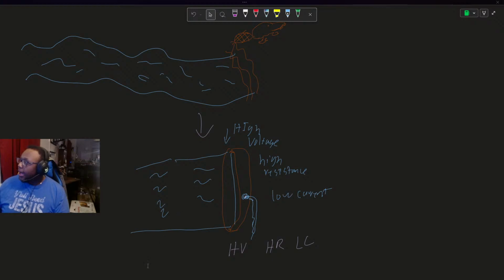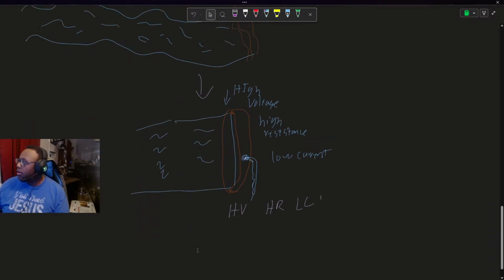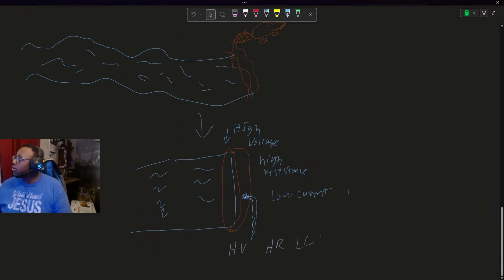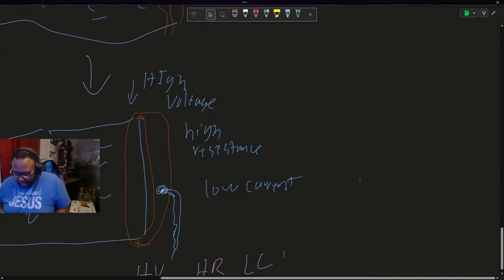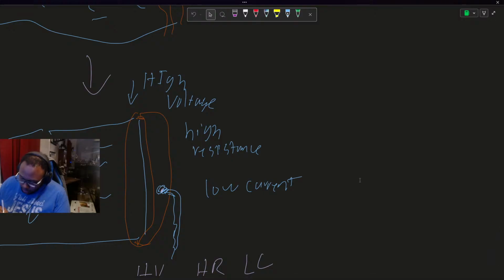If I were to have, can I zoom in? There we go. If I were to have another dam where I have a lot less water, let's just say a small bucket of water. Let's say a bucket of water, 5 gallons?